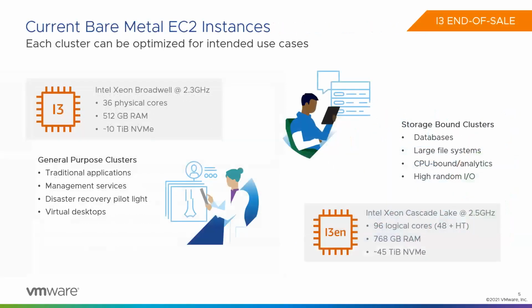We still support i3 and i3en, as you can see on this slide. i3 is end of sale. i3en, we still continue supporting this host type. It's actually not bad, right? It's provided with massive storage, still double the storage compared to i4i, right? And it's featuring the Cascade Lake processor, also, I would say, quite a good one. As for i3, I would encourage you all to consider migrating off i3.